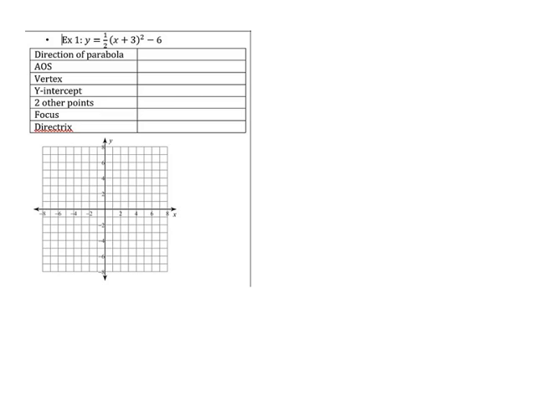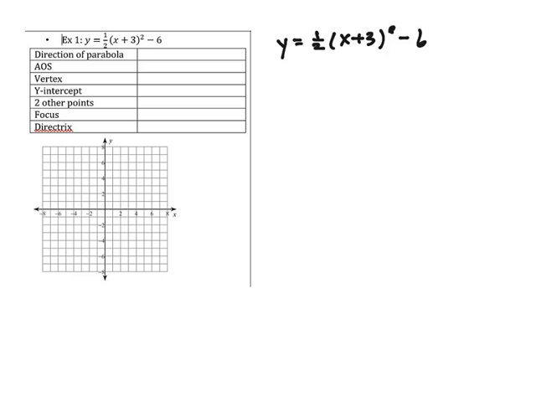Let's do lesson 3.4, the first example involving vertex form. As you can see, our example is in vertex form: y equals 1/2 (x plus 3) squared minus 6.